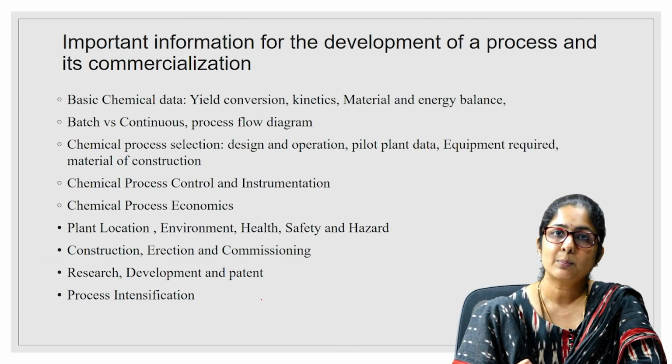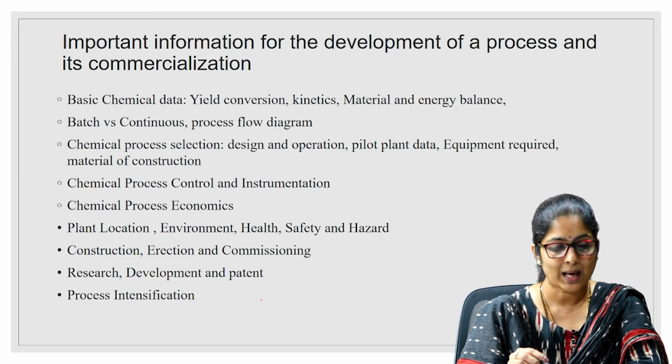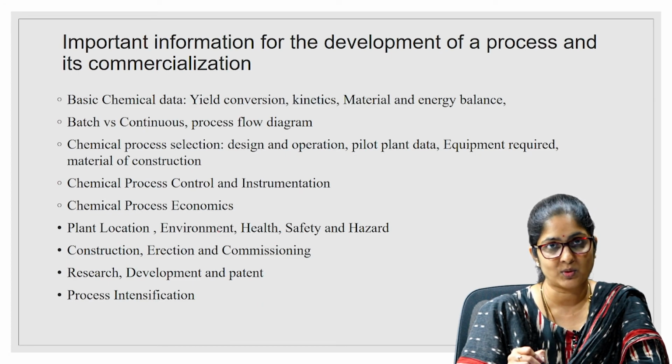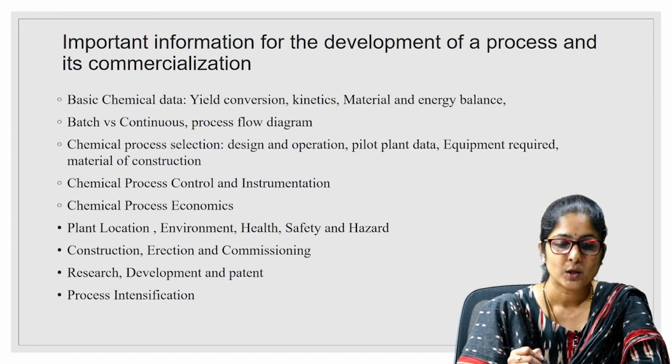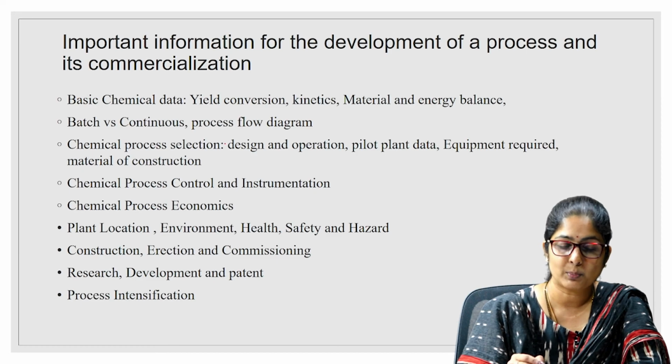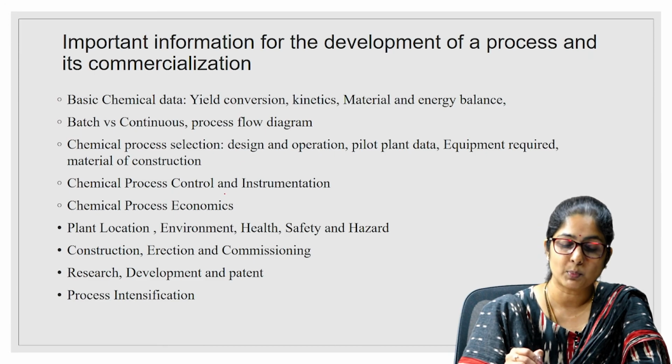In order to set up a new plant, we need to follow a step-by-step procedure, as listed in this slide. When you follow this step-by-step procedure, it gives a design of a complete plant. First we start with the basic chemical data, then we go for the process flow diagram, then the process equipment design. Finally, you have the process control and instrumentation.